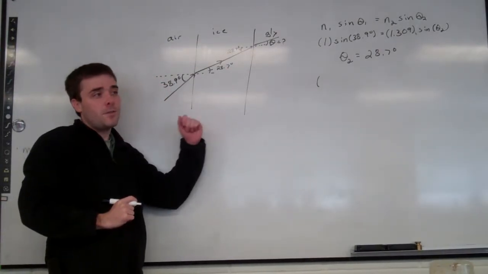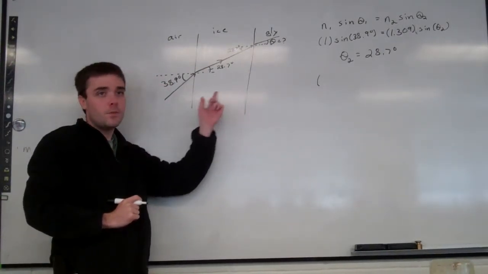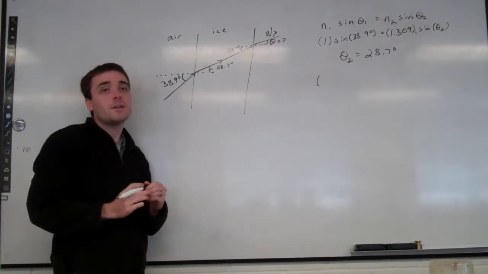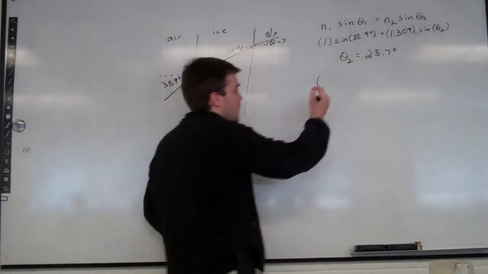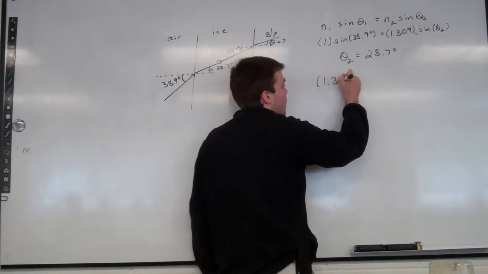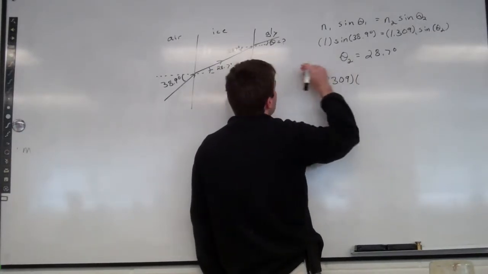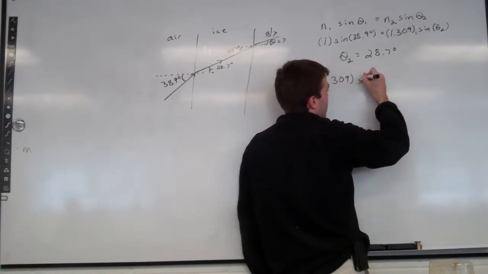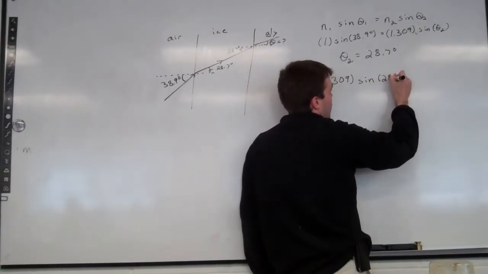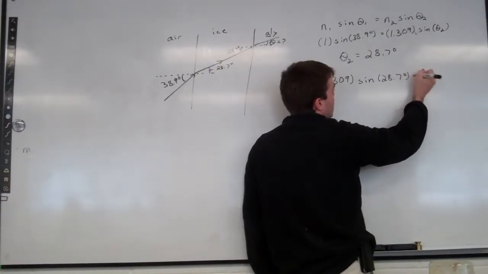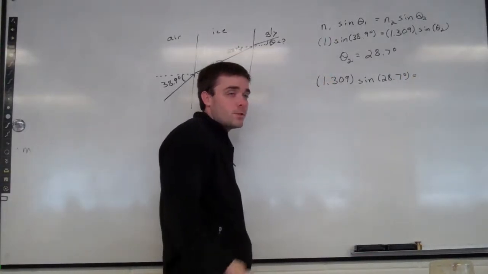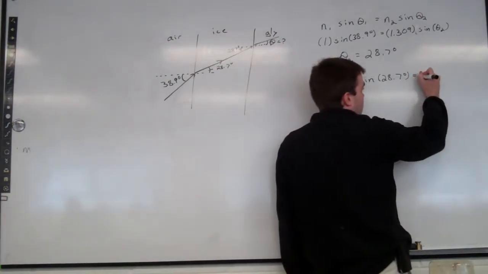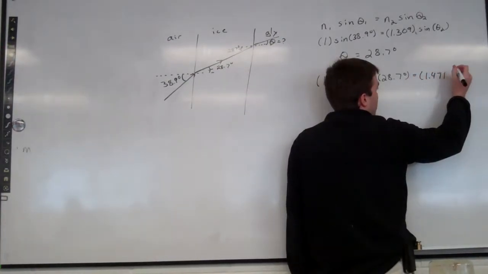So what's the index of refraction for what it starts out in for the second part? 1.309. And we just said it enters at an angle of 28.7 degrees, so sine 28.7 degrees equals, what's the index of refraction for what it's going into? 1.471.